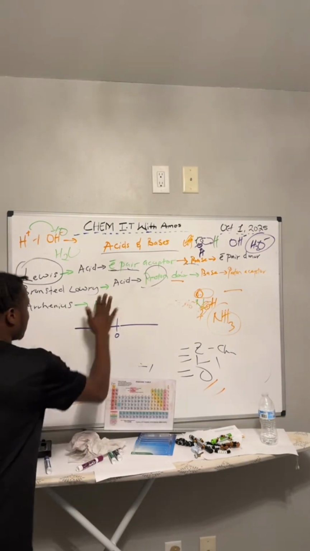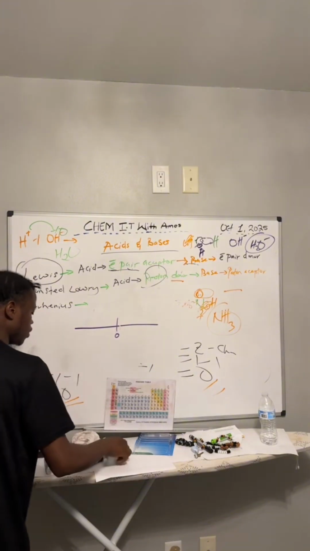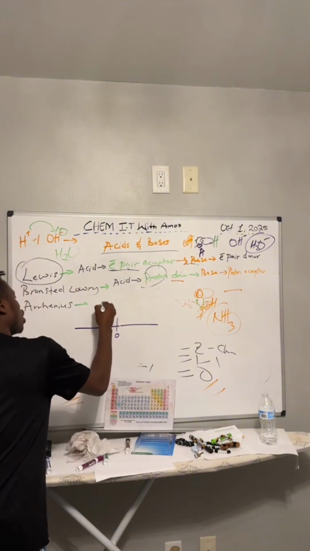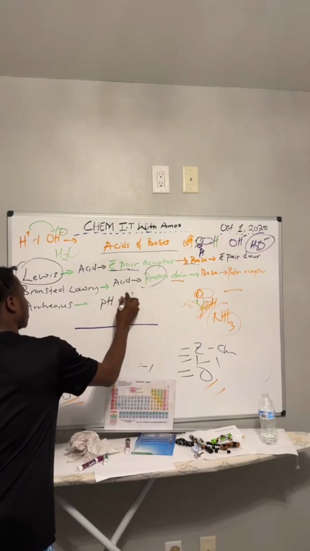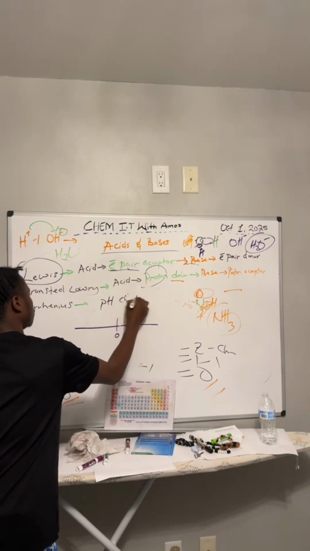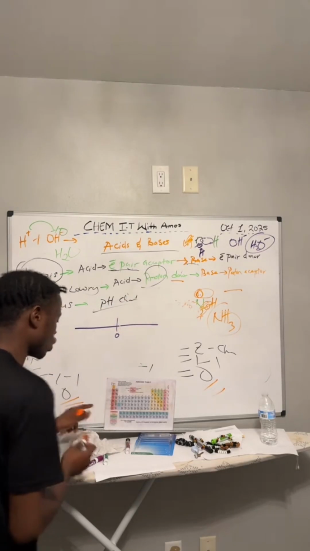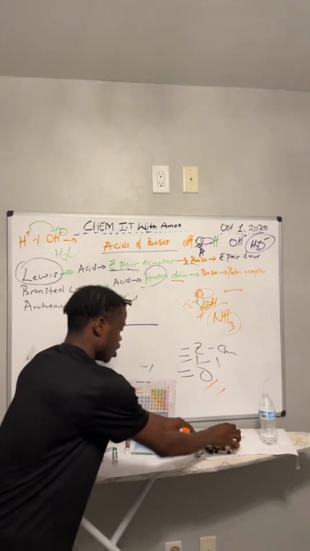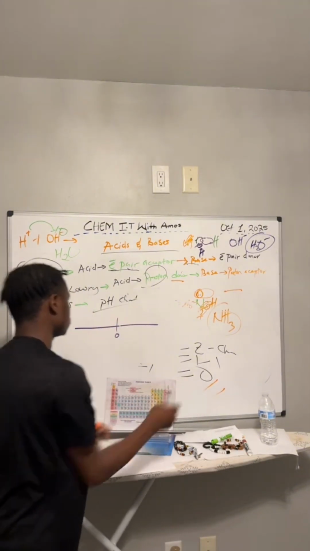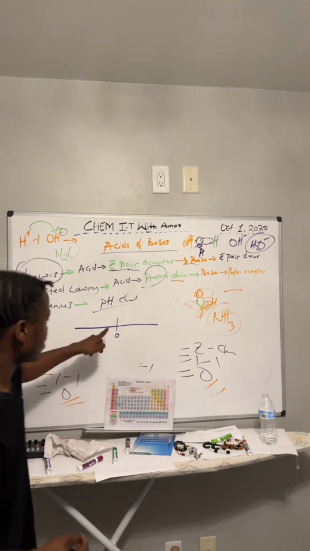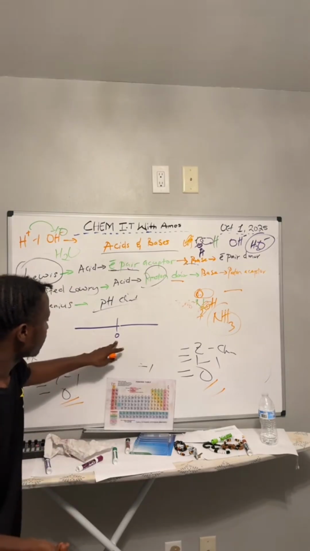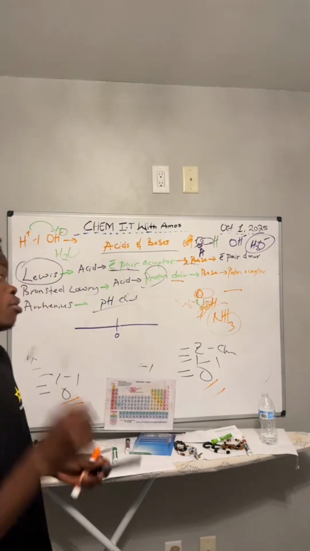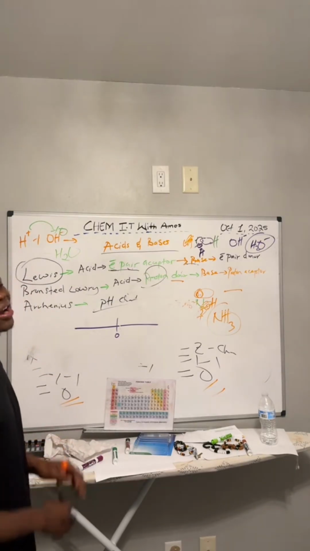This is the pH scale. Always write a small p and a capital H. So this tells us the pH chart ranges from 0 to what?